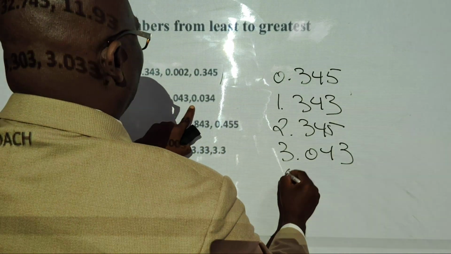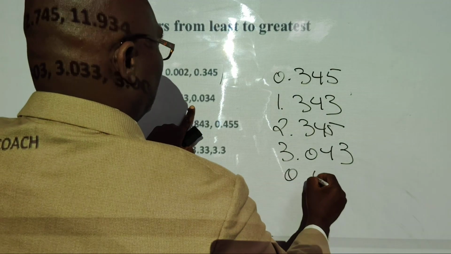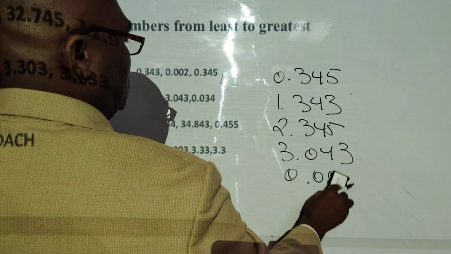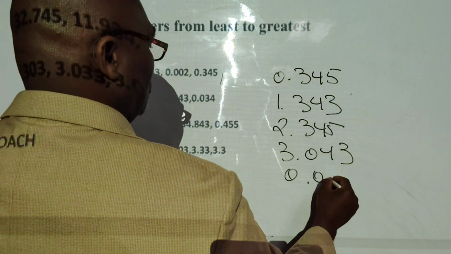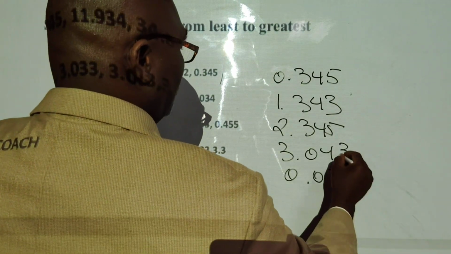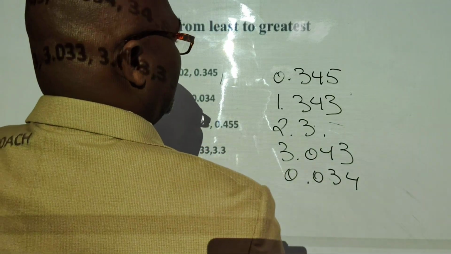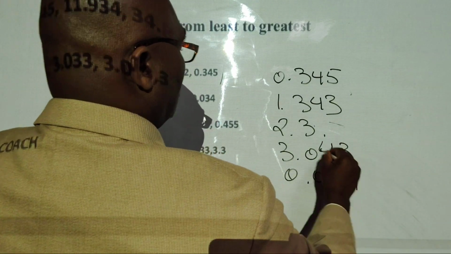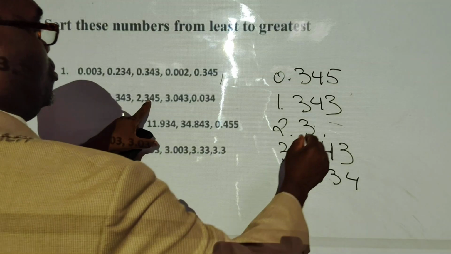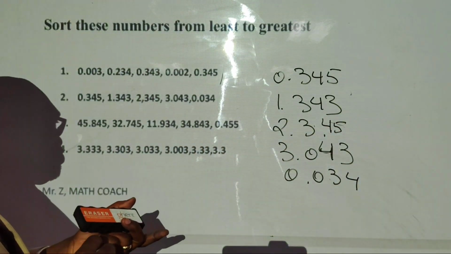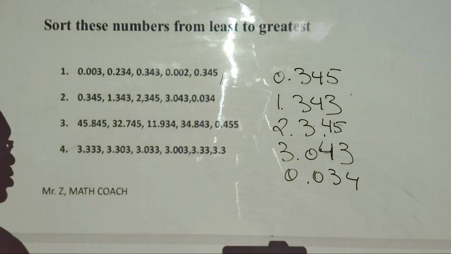Then we got 0.034. Okay? So let's make sure that we line up those numbers well. So here we need to arrange those numbers from least to greatest.